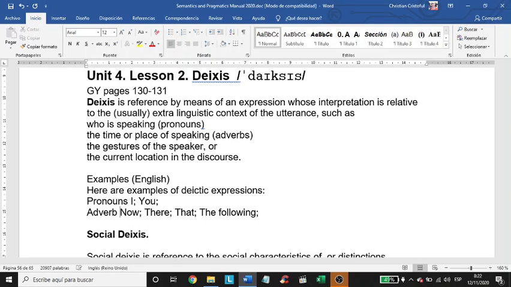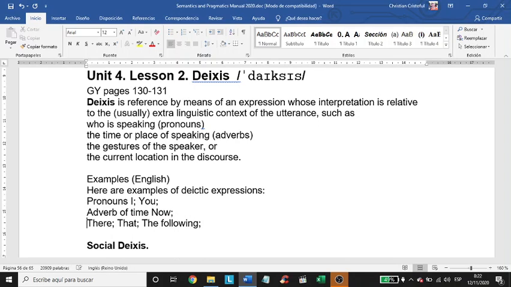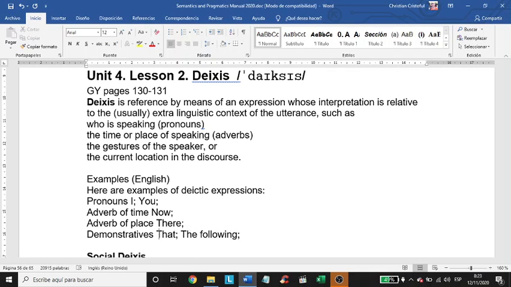So adverbs of time are deictic expressions. Adverbs of place are also deictic expressions. "That": what is "that"? Demonstratives are also deictic expressions, or expressions like the following.